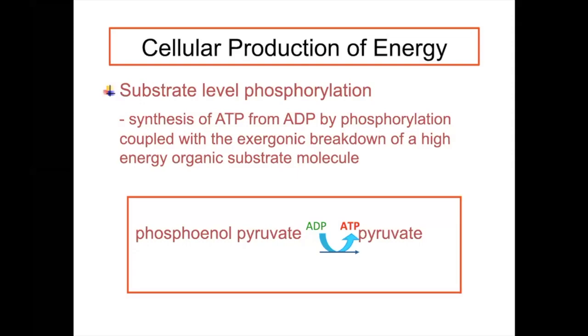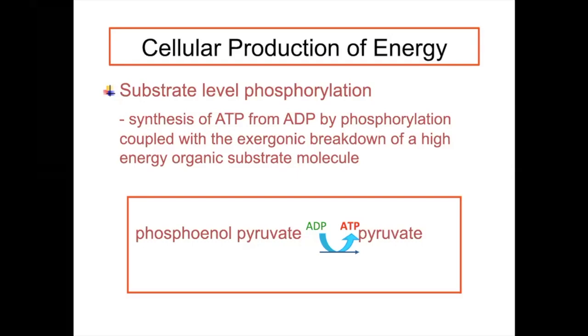Now, the classic example here is your phosphoenol pyruvate being converted to pyruvate. This is actually a very important step because this is the last step of glycolysis, wherein PEP, which is a high energy compound, will be converted into pyruvate.